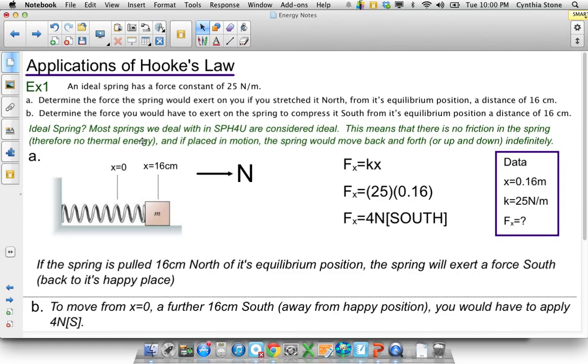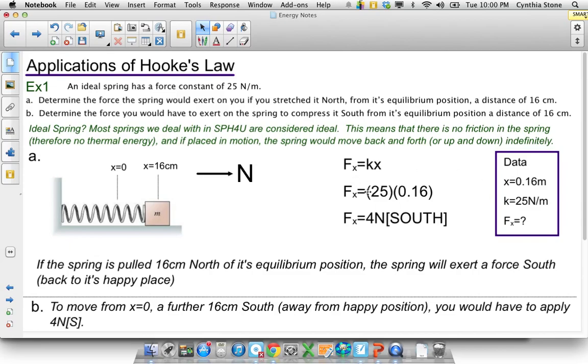Anyway, we have a spring. We know its spring constant. We want to find the force the spring would exert on you if you stretched it north from its equilibrium position a distance of 16 centimeters. So here it's its happy place, I stretch it. What's the spring force? You just take the spring constant times x, kx, Hooke's law.